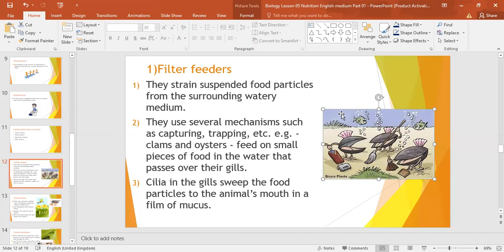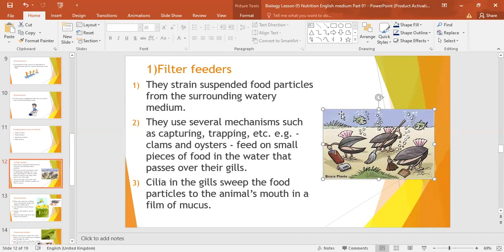For considering as filter feeders, that particular organism should live in an aqueous medium. That is the very first condition. Most of the time in water, no? They strain suspended food particles from the surrounding watery medium.